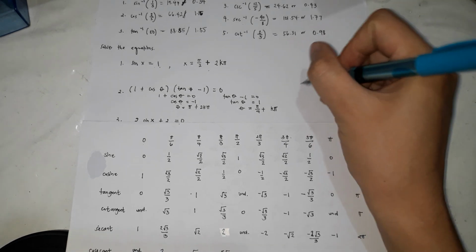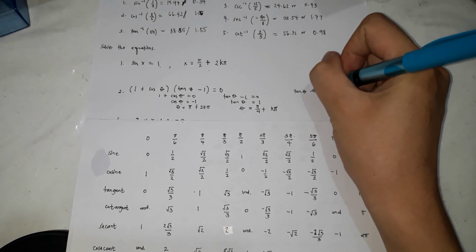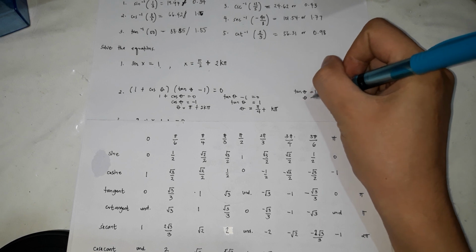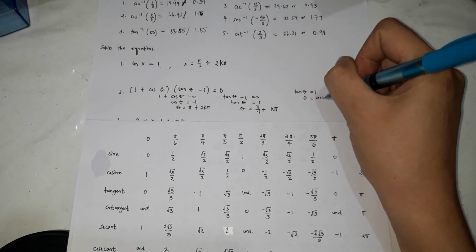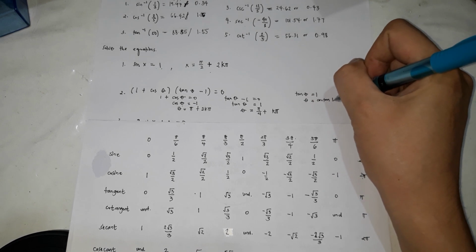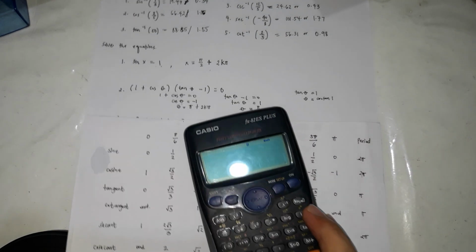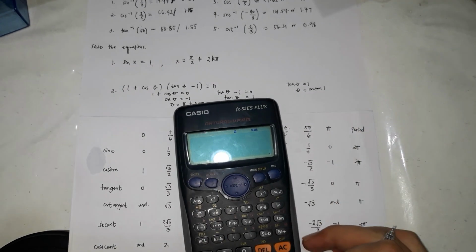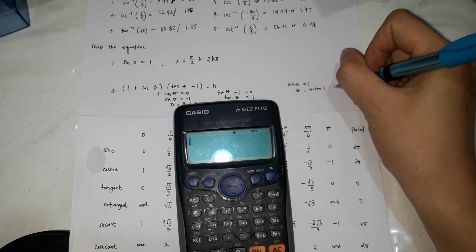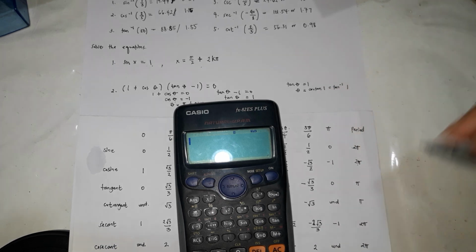Other than that, you could also use the calculator. If tan theta is equal to 1, that means theta is equal to arc tan of 1. So let's try using the calculator. Arctan is also tan to the negative 1 of 1.